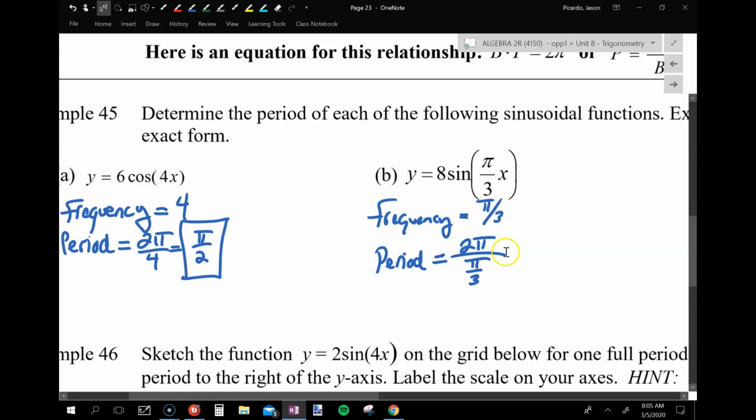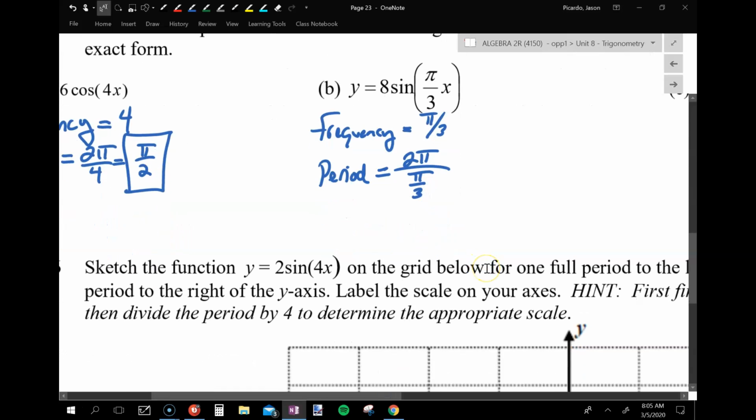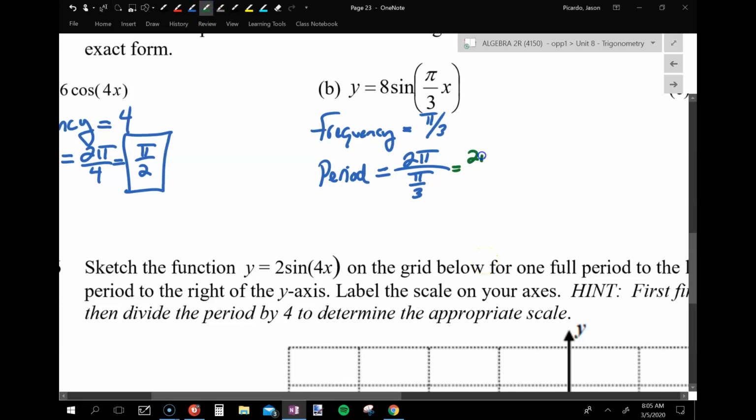How do I clean this up? Anytime I have fractions within fractions, I should always think keep, change, flip. So I'm going to keep 2 pi over 1, change division to multiplication, and flip this.